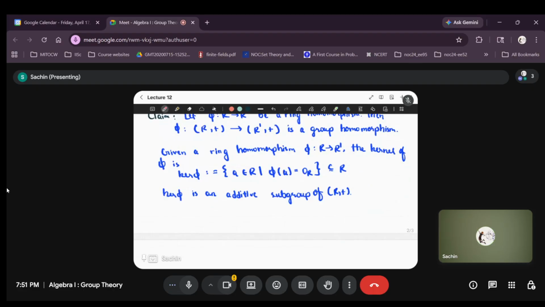Does one belong to the kernel? Is it even possible?